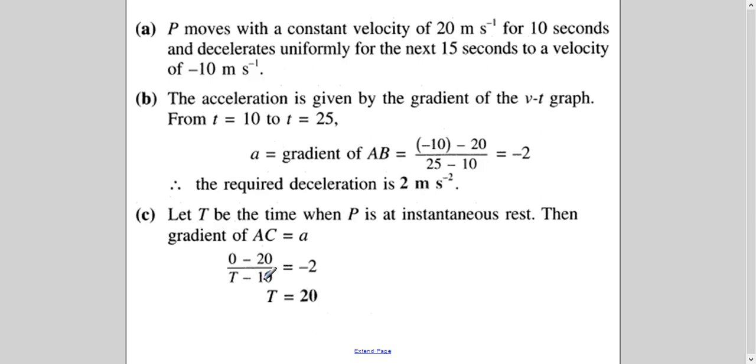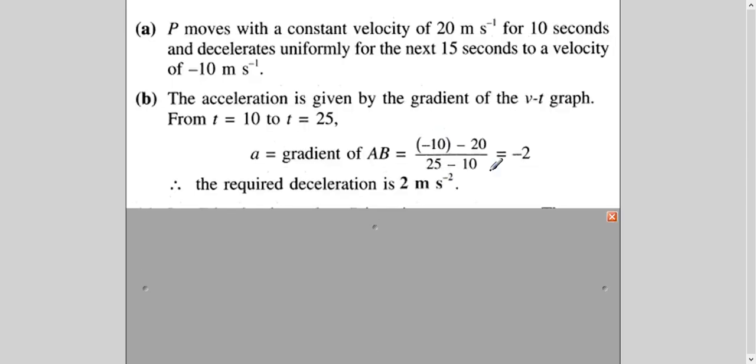So you can easily find the gradient using those points. And you will find the gradient is -2, which is representing deceleration. I'm sure you know when you use the word deceleration, you do not write the negative sign along. Rather, if I say the acceleration is -2, that is also fine, right?